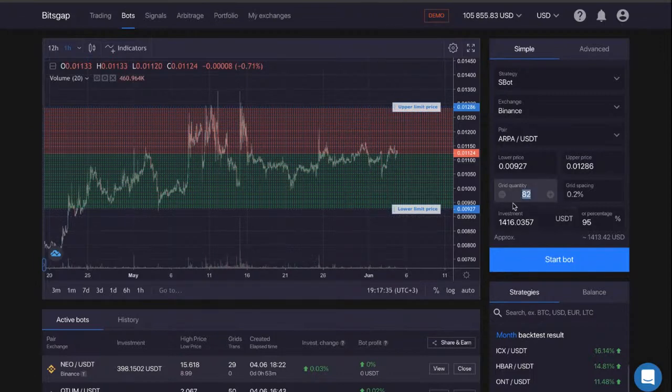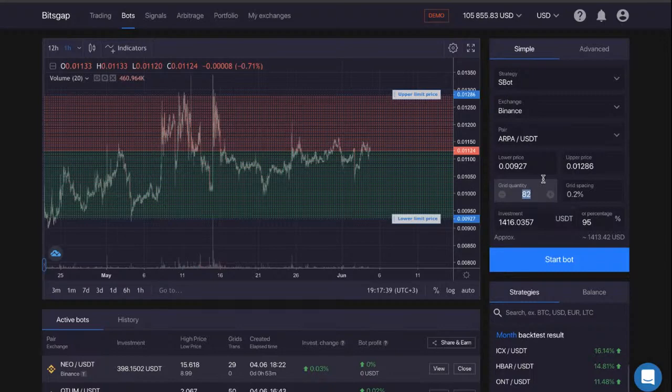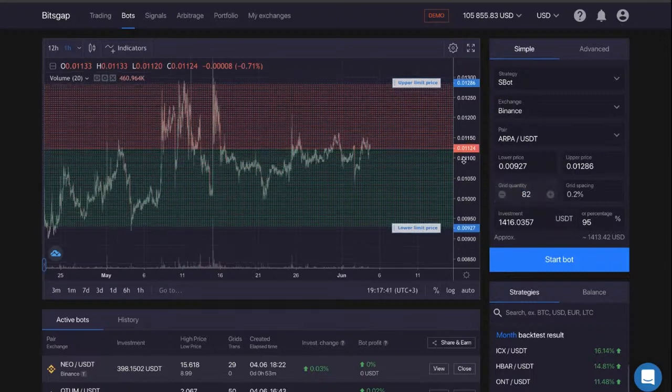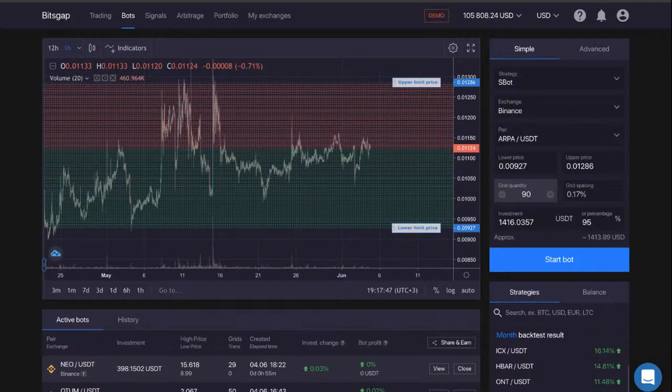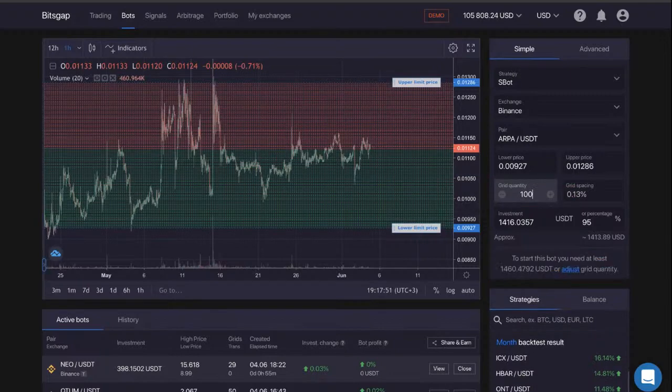Here you can also specify the amount of grid levels that you want. All right, so the idea is that the more grid levels you have, the narrower is your spacing between the orders.